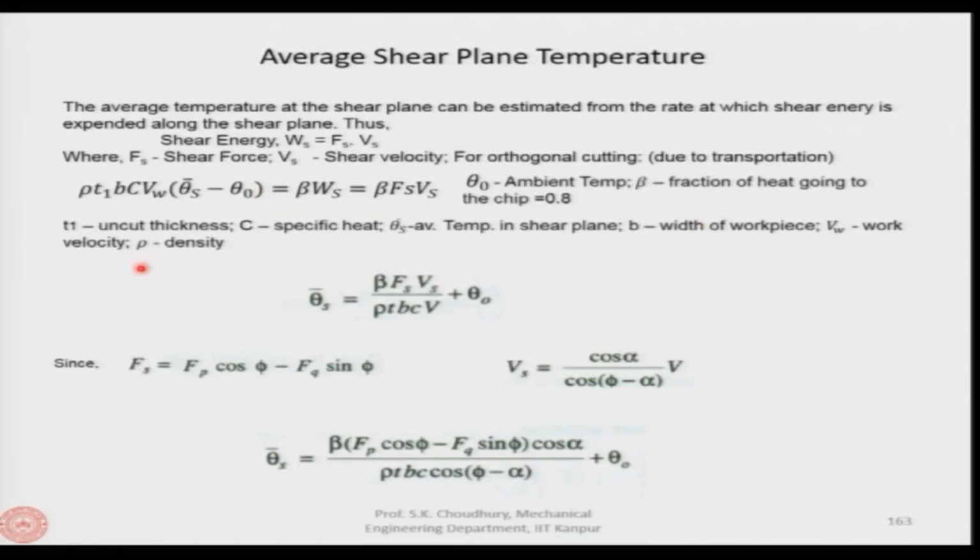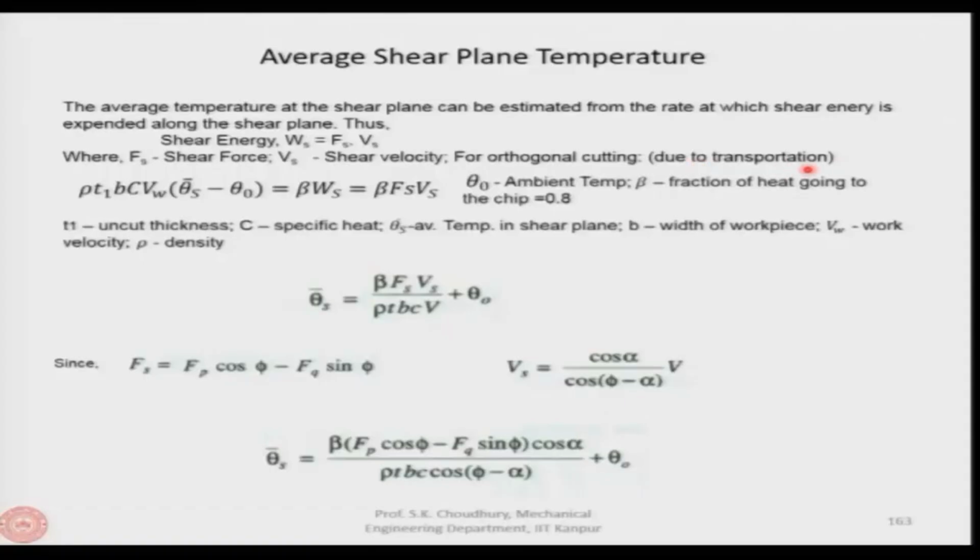Now, from this equation, what we are saying is that the heat generated is equal to beta, which is the fraction of heat going to the chip, about 0.8. As I said, about 80% of the heat goes into the chip. And Ws, as we said, is the shear energy being expended.